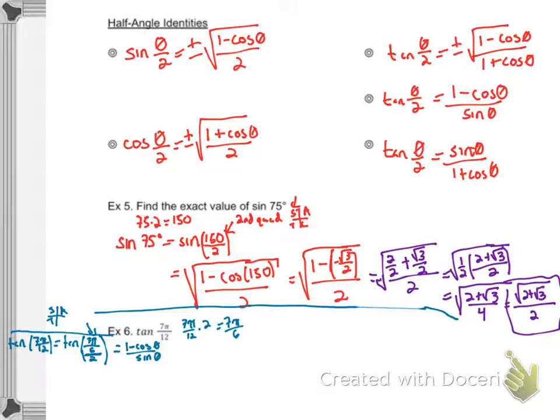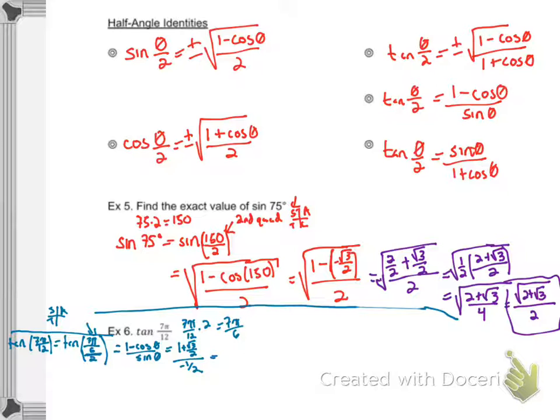So we look on our unit circle to find the value of 7 pi over 6 cosine. So we have 1 plus the square root of 3 over 2 all over, and then the sine value there would be negative 1/2.